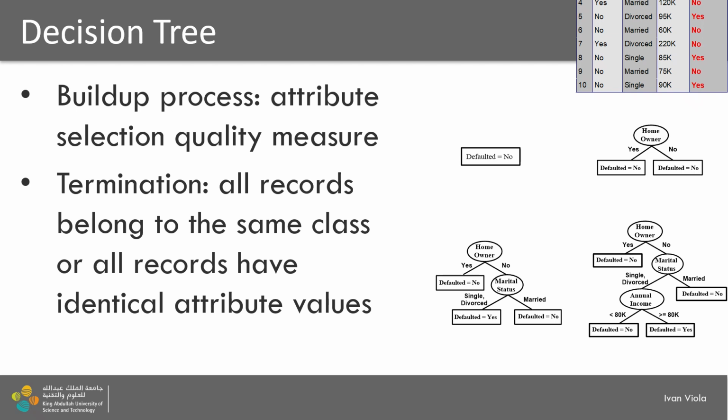So for the build-up process of our decision tree, we need to somehow have some kind of attribute selection quality measure. Because we can imagine, here we still can see these parts of this table, we have several of our columns here. We have the ID, we have the question whether they are homeowners, what is their marital status, what is their annual income, and here is the class.